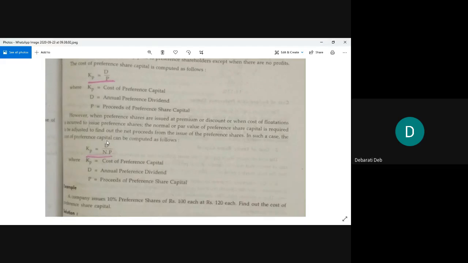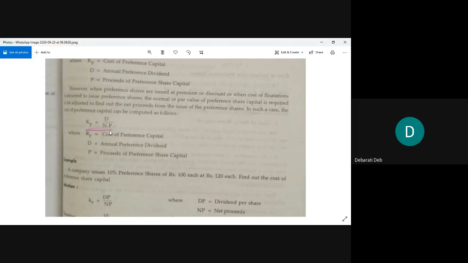Okay, now when you are writing only P, listen to me carefully. When you are writing only P, then it means that the preference share capital has been issued at par. Whatever value it is, it has been issued at that value. But the next formula is Kp equals D by NP.